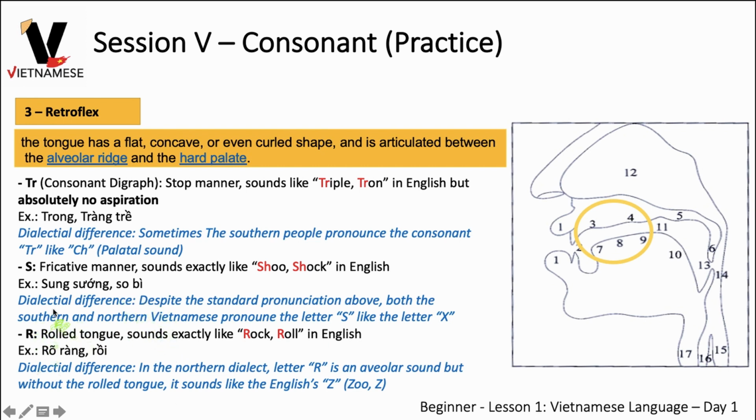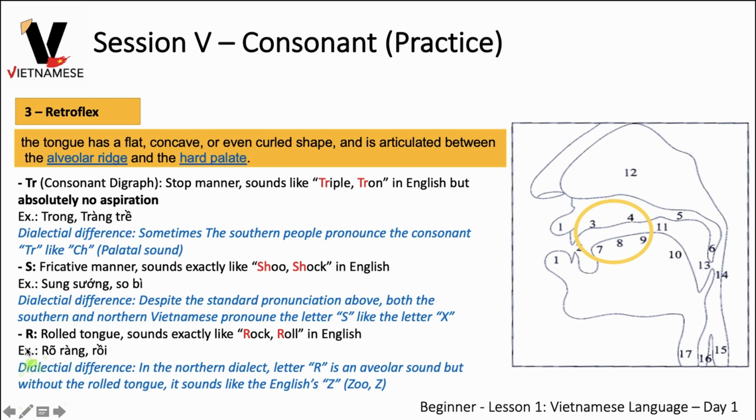And due to the dialectal difference, despite the standard pronunciation of these words, it sounds like sh, but both the southern and northern Vietnamese pronounce the letter sh like the letter s. So normally we just pronounce these words like sung sướng, or sa bì. But sh is still the standard pronunciation for this consonant.